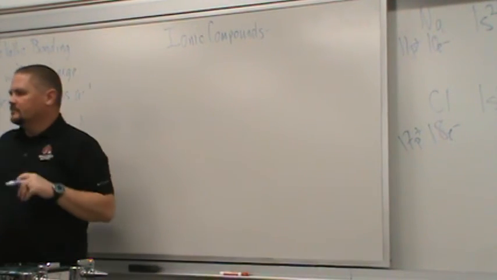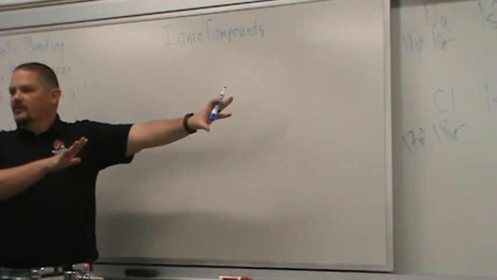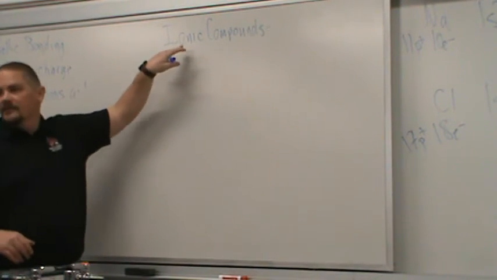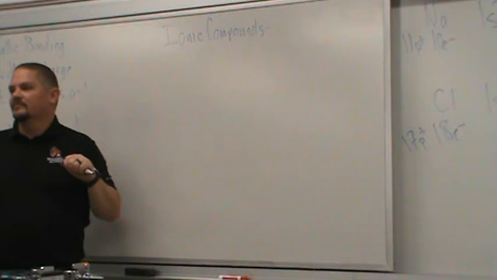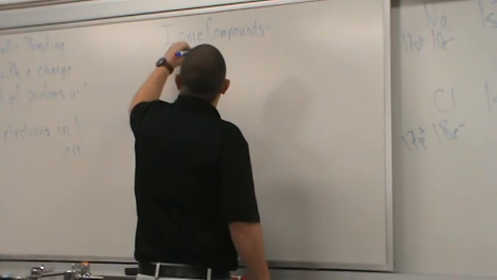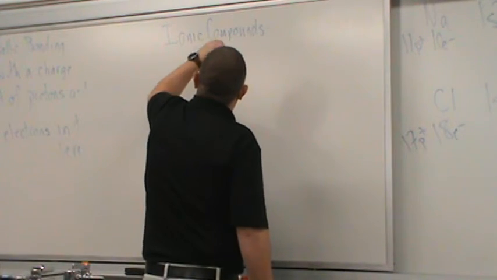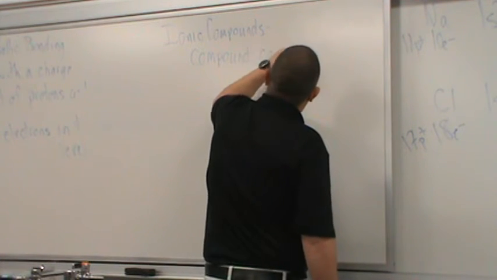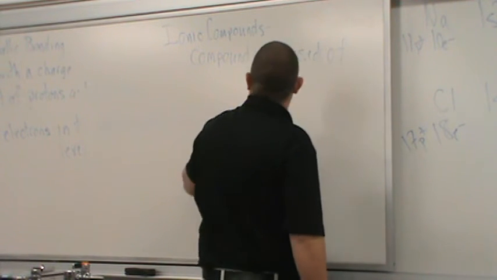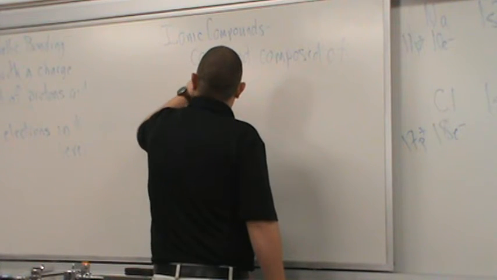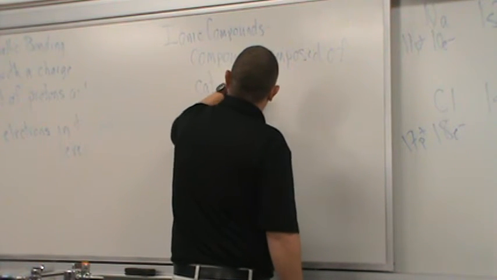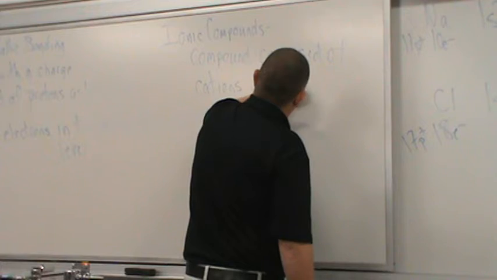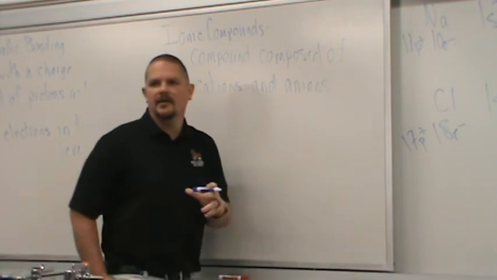All right, so what I just showed you was we created an ionic compound. An ionic compound is a compound composed of cations and anions.